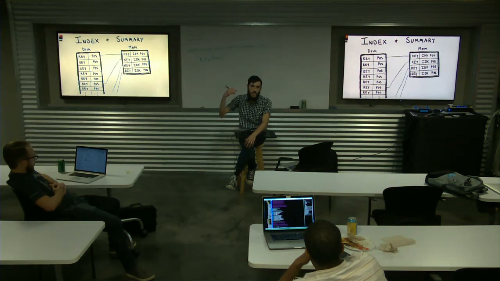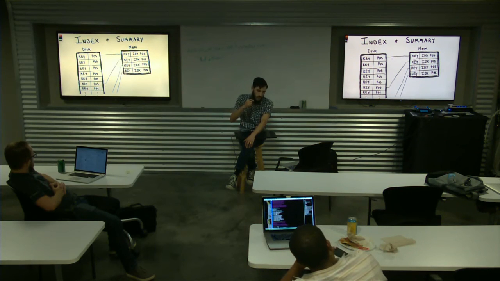The index is another big file that's stored on disk, and it contains the position of every partition in the SS table. So it has the key and then the partition, and then the position.